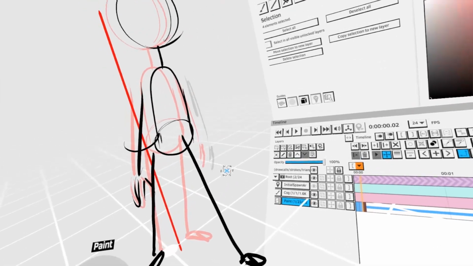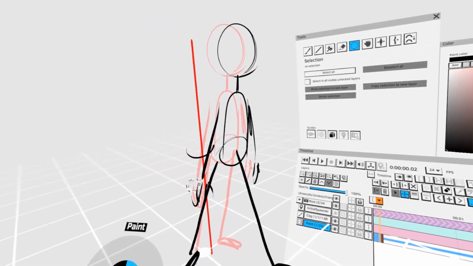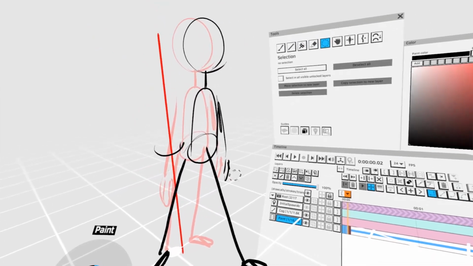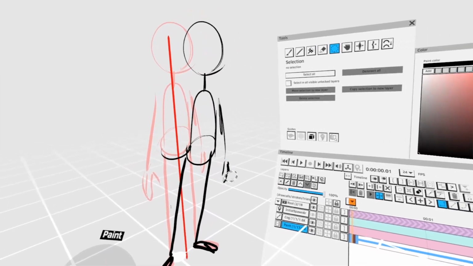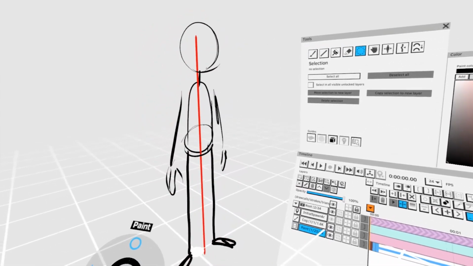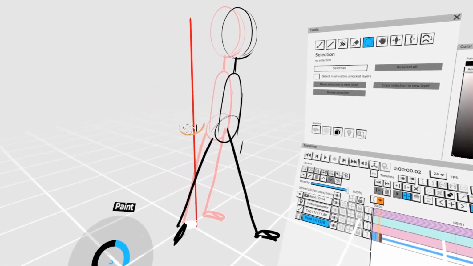I'm not going to talk about the arms for now. I'm just going to talk about legs and body only, so let's just get rid of the arms for now. I don't want to overload with information. So what's going to happen after? The intention is to keep moving forward.